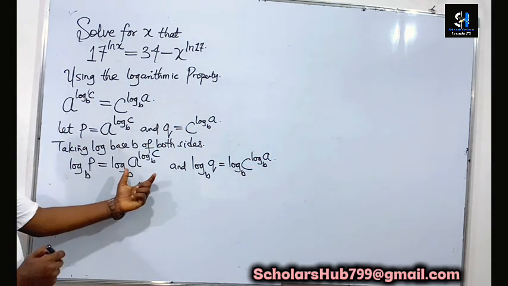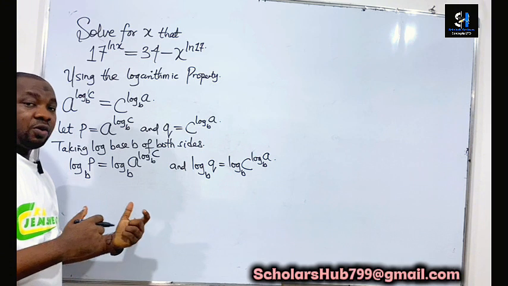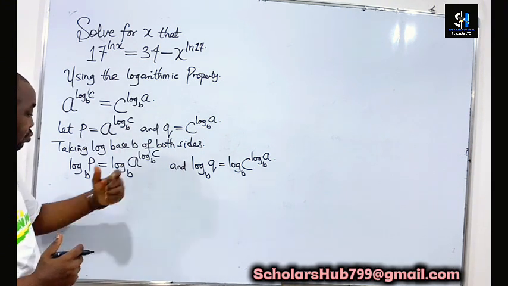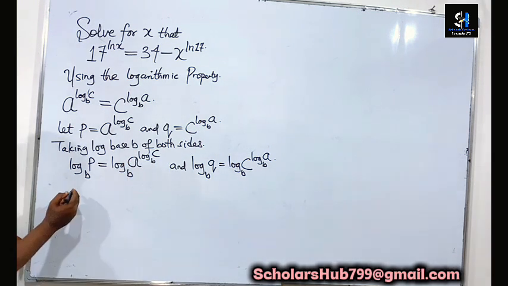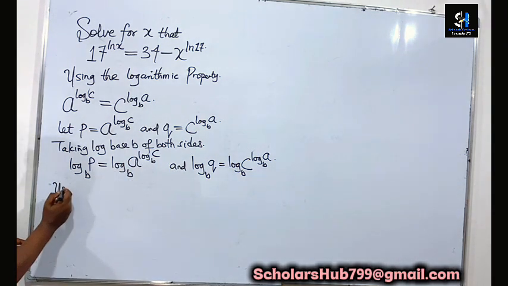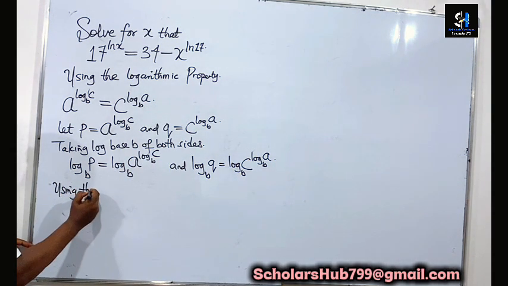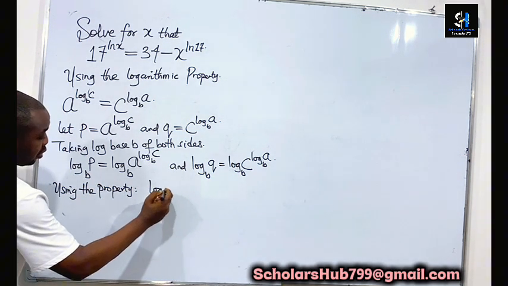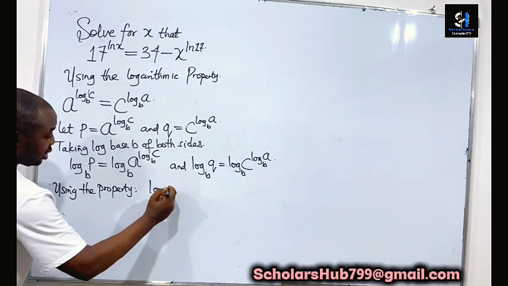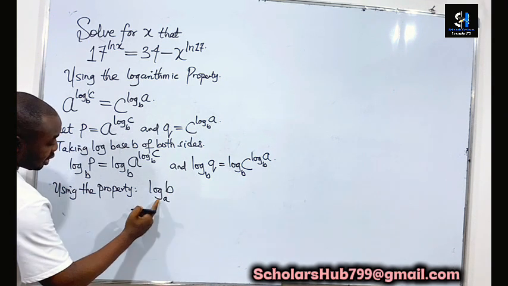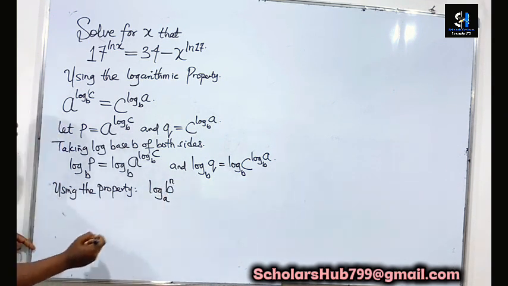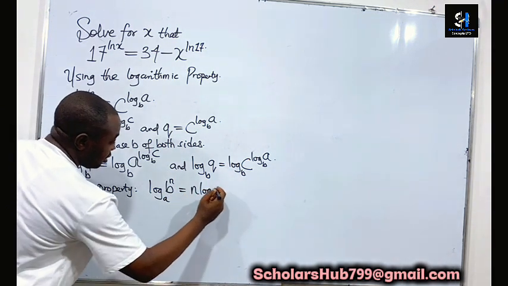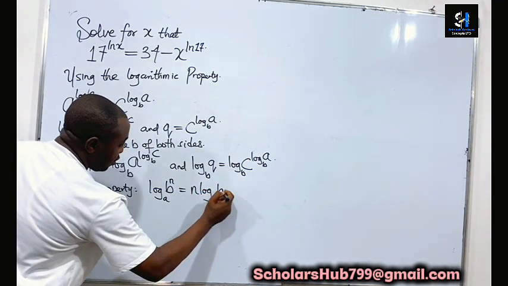Now this is where we can apply another property of logarithms, the power rule: log base a of b raised to the nth power equals n times log base a of b.